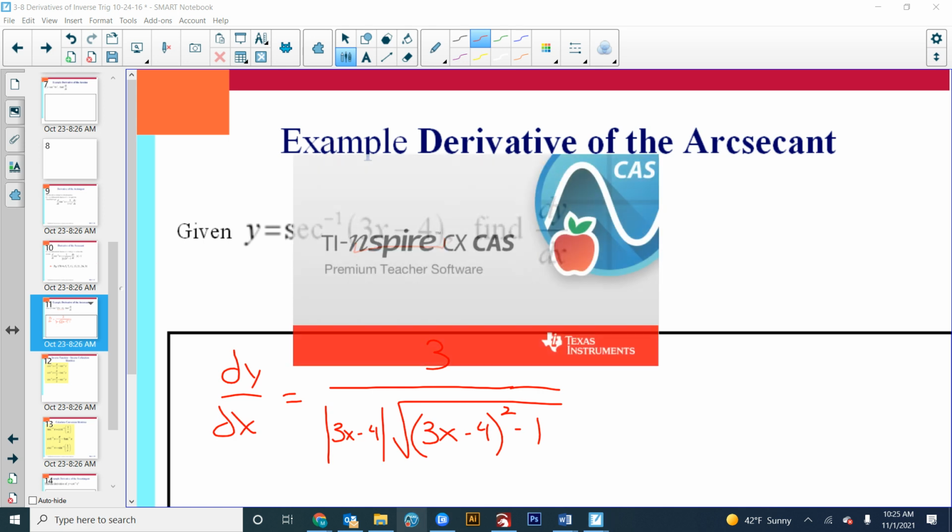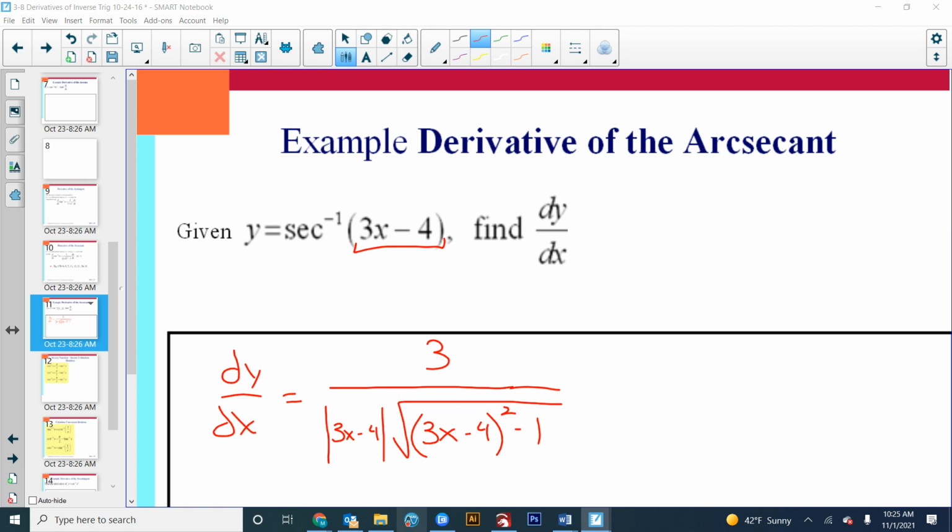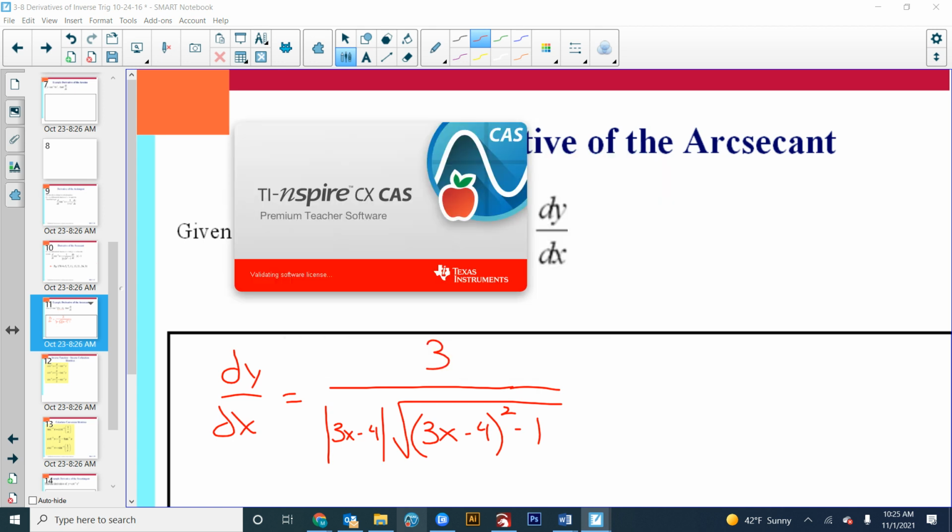It's TI-Nspire time. Time to get inspired. All right. So, sine of x. Sine inverse of x, correct? And let's talk about regular sine of x.